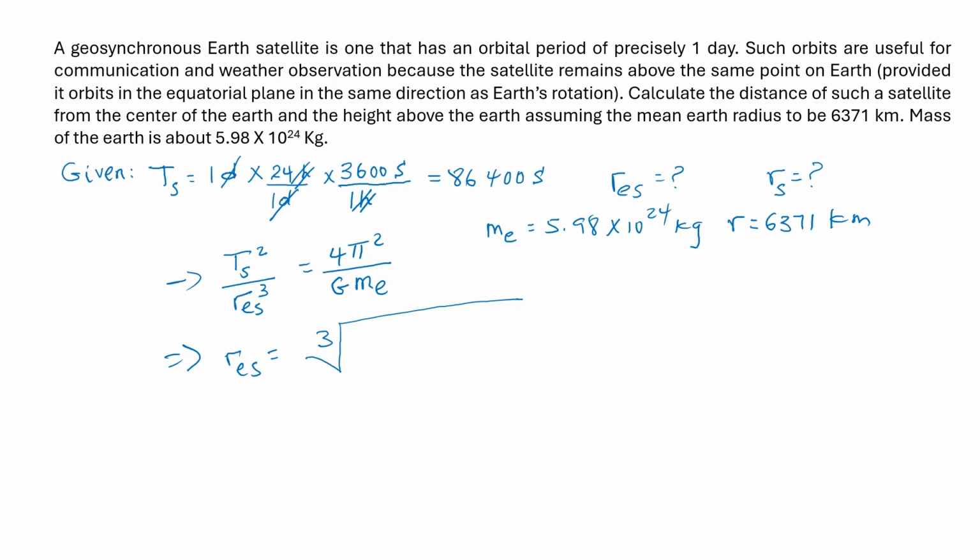Therefore that will be T_S squared times G times the mass of the Earth, divided by 4 pi squared. Plug in the numbers.